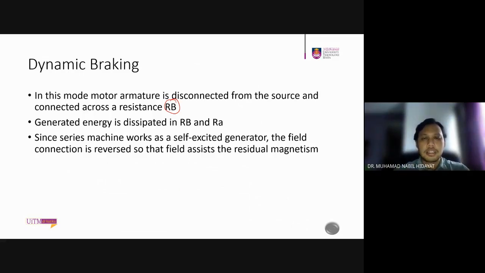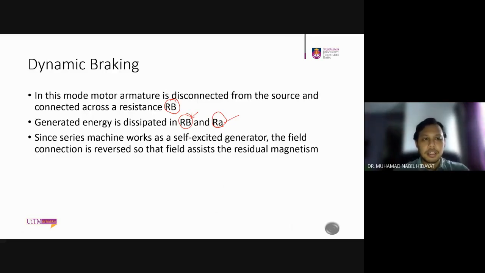When we slot in RA and RB, RA is the inner resistance, so most of the generated energy is dissipated in RB, the attached resistance.